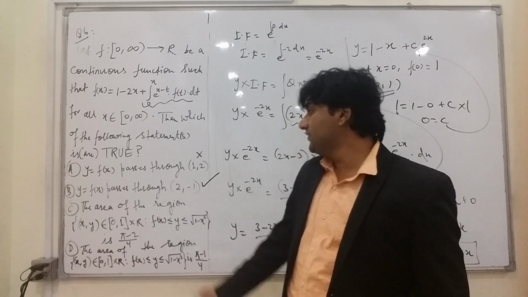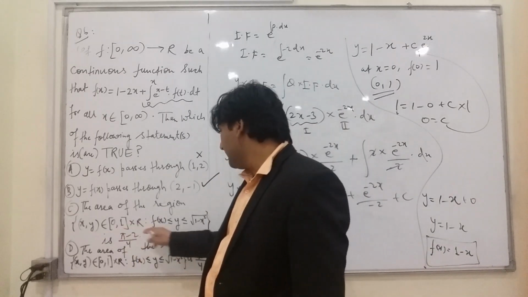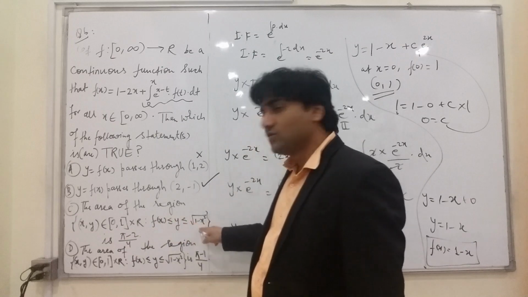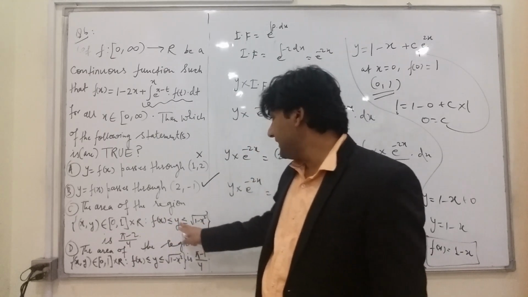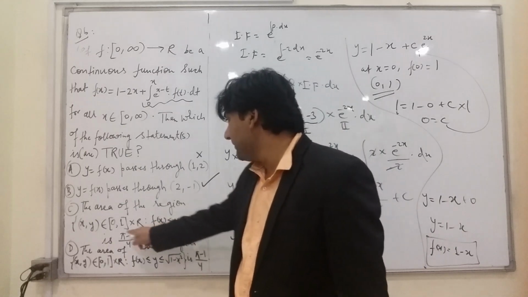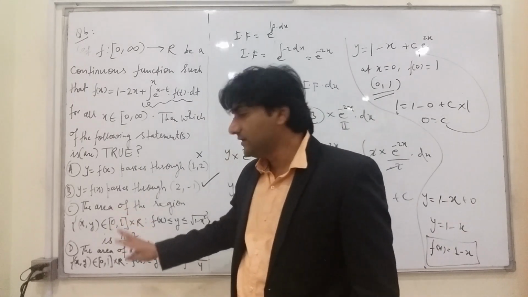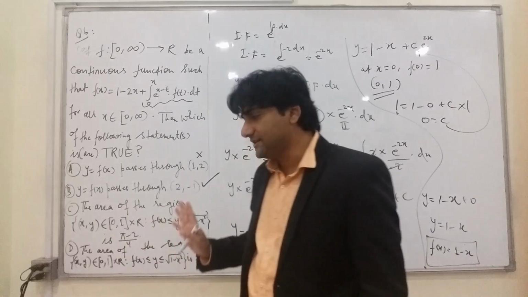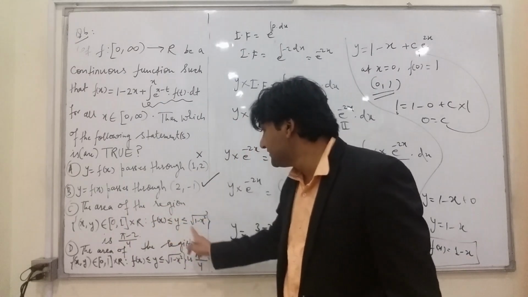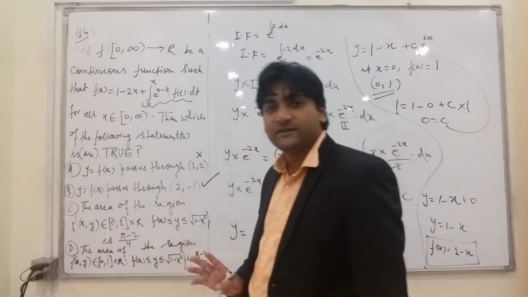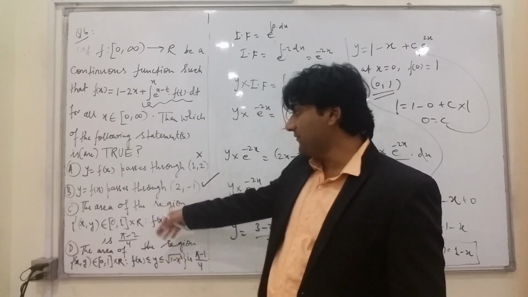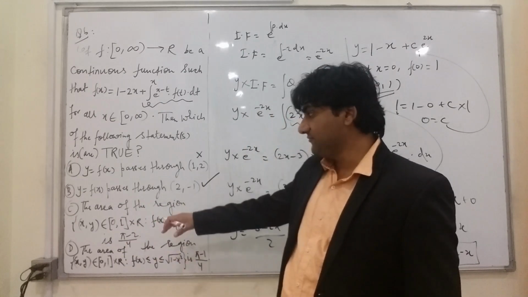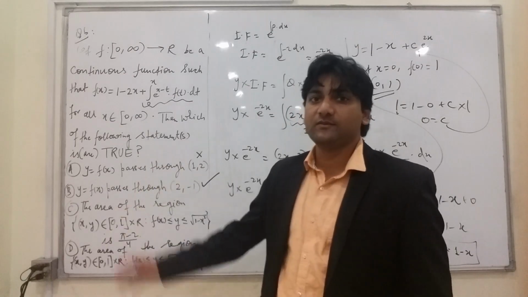Now area of the region bounded by f(x) and root 1 minus x square. But what about the domain? Only 0 comma 1. So this is the domain, 0 to 1, that's it. The area bounded by these two curves is (pi minus 2) by 4. Actually this is mathematical language. This is not a very tough or new problem to you.